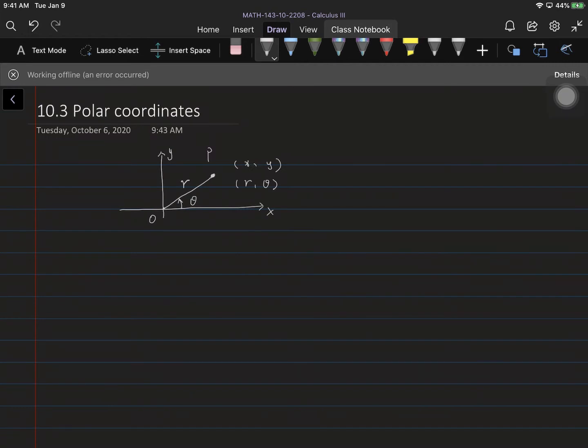Okay, so I'm going to give you the definition. So let's take a look at the definition. Now we fix an origin O. Sometimes we also call that the pole. And an initial ray. The initial ray is just like OX. So we fix the origin O and draw the initial ray.